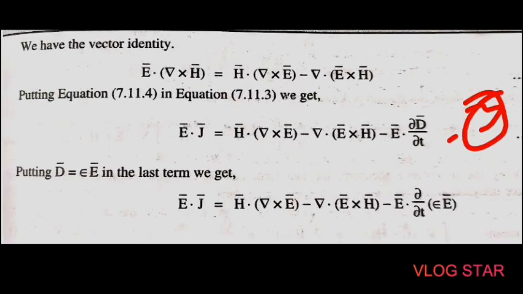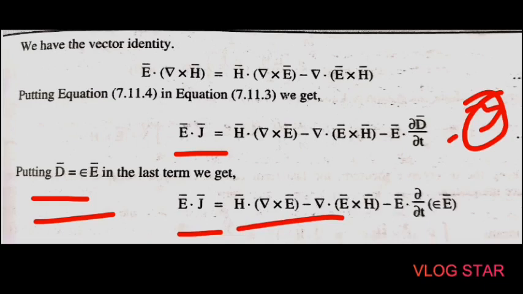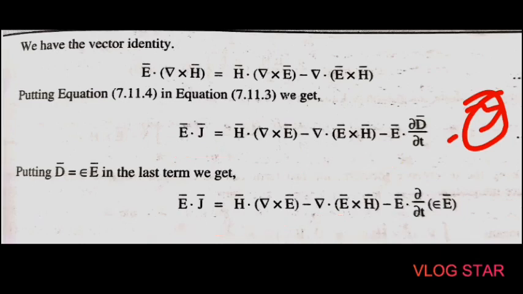Then we know that D bar is nothing but epsilon into E bar. So we have to write the equation in terms of E bar, that is E bar dot J bar is equal to H bar dot del cross E bar minus del dot E bar cross H bar minus E bar dot dou by dou T of epsilon E bar.